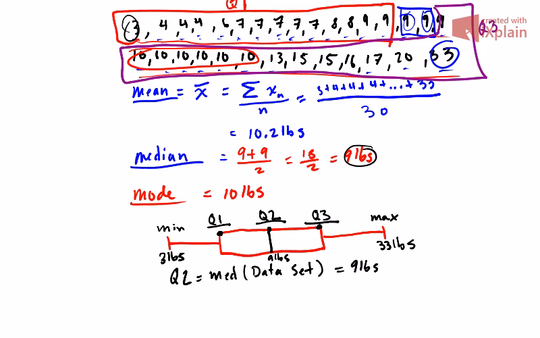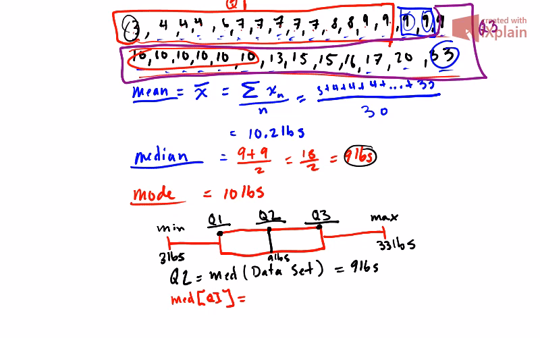Now, for Q1, I have to find the median of Q1. The median of Q1 is equal to, I look at how many I've got. I know I have 14, so 1, 2, 3, 4, 5, 6, 7, 8, 9, 10, 11, 12, 13, 14. So I'm going to take the 6th and the 7th one, where I've got the same amount of elements on each side.